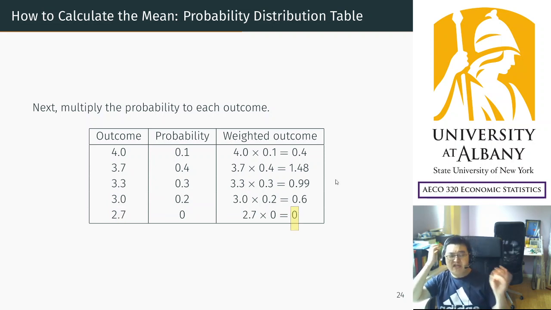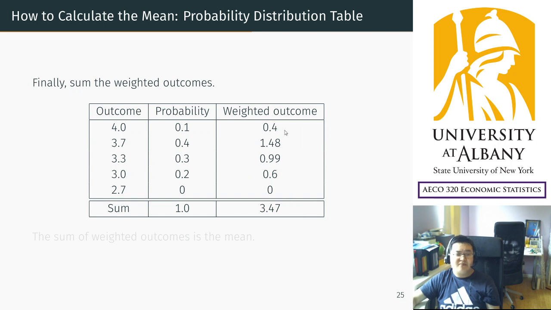So for each outcome, put probability weights on them, and you get as many weighted outcomes as the original outcomes, right? Then finally, in the final step, you add the weighted outcomes.